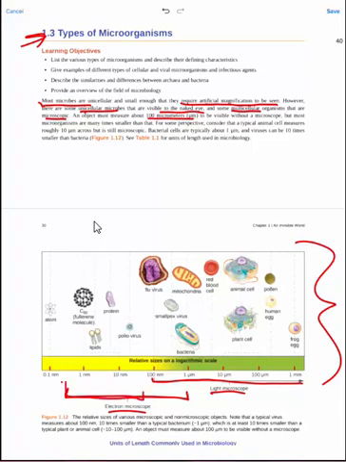So it has to be at least 100 micrometers to be visible without the microscope. Here's about 100 micrometers. Something larger than this we might be able to see if we're looking really close without a microscope. But most microorganisms are much smaller than that. You can see how the scale is here and how most things are to the left of this, so not many things are to the right. When we're talking about microorganisms, it's mostly smaller than what we can see with the naked eye.